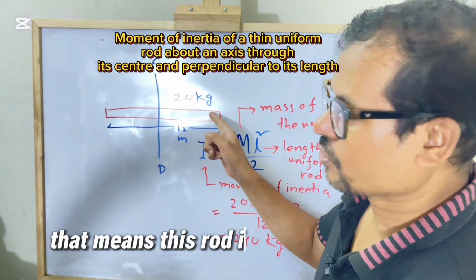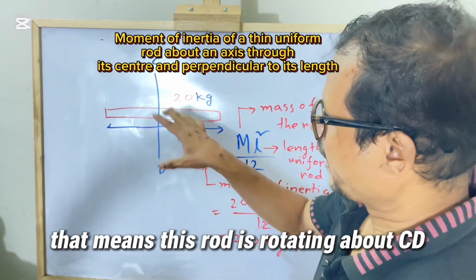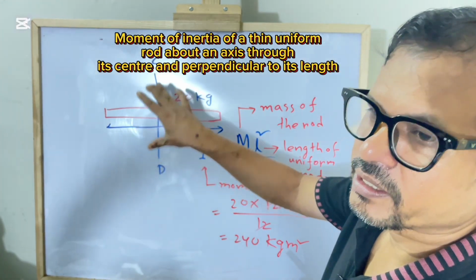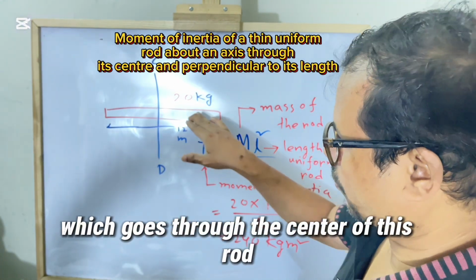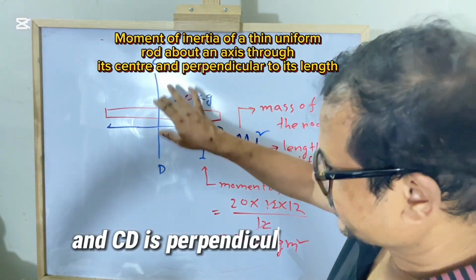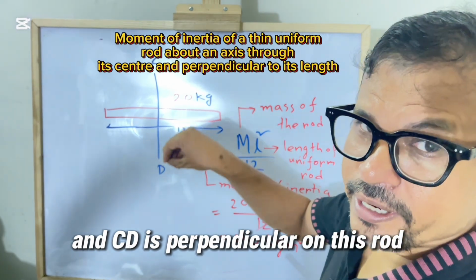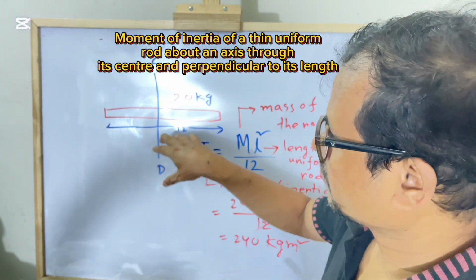Guys, we have known the moment of inertia of this uniform rod at such a state. That means this rod is rotating about CD, which goes through the center of the rod, and CD is perpendicular to the rod.